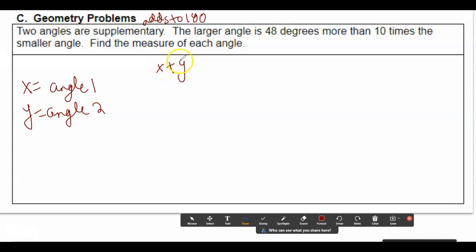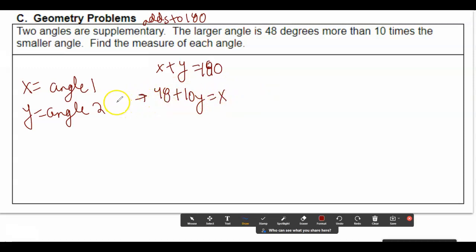We know that X plus Y equals 180. 48 plus X equals 10Y. I misinterpreted that. 48 more than 10 times.